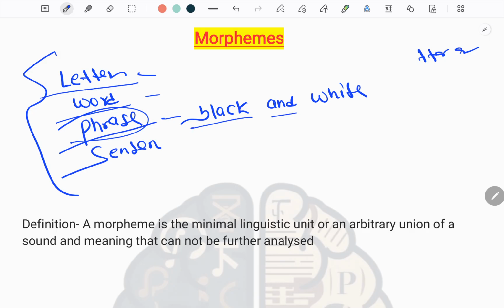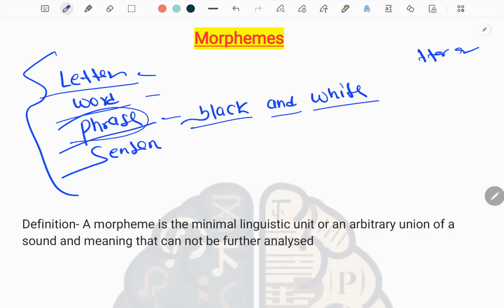These are words, and these words are in a series. So a group of words that gives a meaning is known as a phrase.